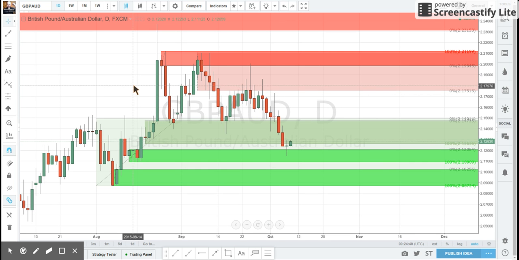We can see in the daily chart the highest supply that we can take into consideration, and inside the large demand level we have nested three important demands that we can use for our trading.